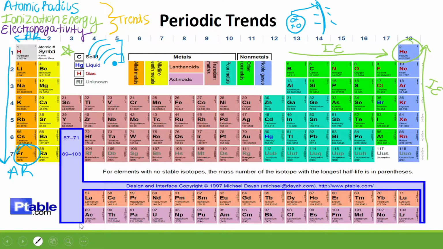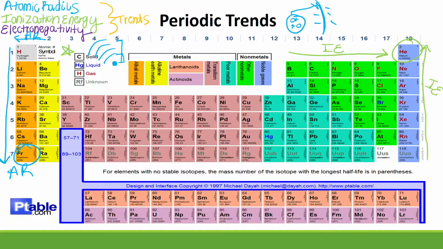Okay, so now we're going to talk about electronegativity, and it's also a similar thing. Electronegativity refers to how much something wants electrons, so its desire for electrons. You may be thinking, what does it have to do with the metals? Electronegativity really doesn't have as much to do with the metals because they want to lose electrons.